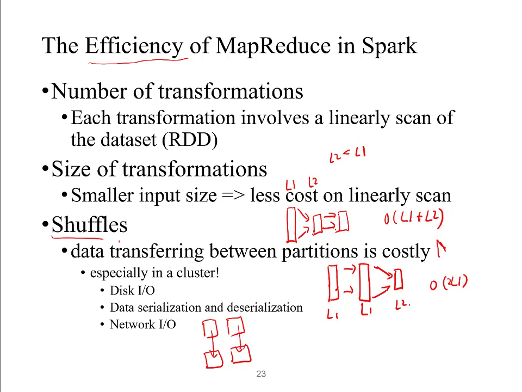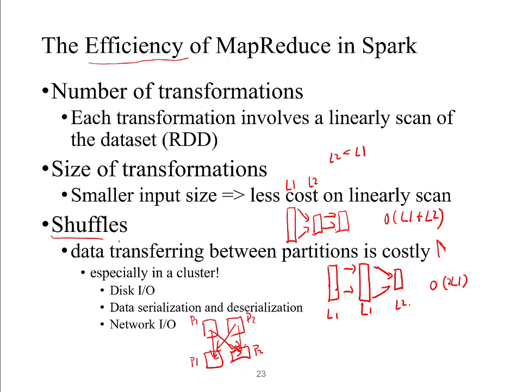Ideally the best case is that data from partition 1 goes to partition 1, and from partition 2 goes to partition 2. But sometimes data from partition 1 goes to partition 2, and this as well. The more data transferred across partitions, the higher the cost. But if we can reduce the data transferring between partitions, say like this, then it is better.